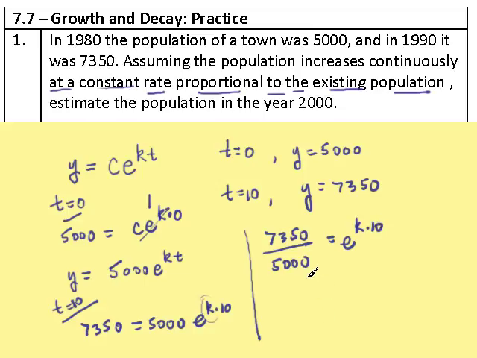And now let's log both sides to bring down this exponent. When we take the log of this exponential expression, we just get that exponent because log is the inverse of the exponential function.